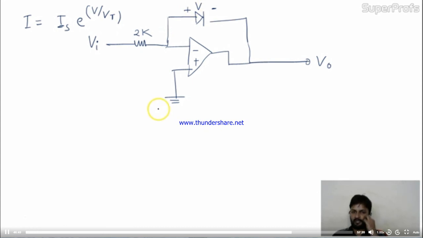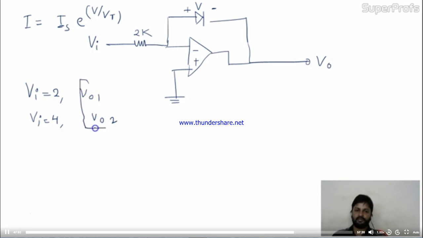Remember always, okay? Now the question is, if Vi equal to 2, they are getting output V01. If Vi equal to 4, they are getting output V02.